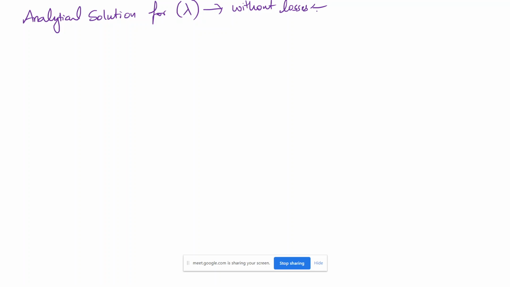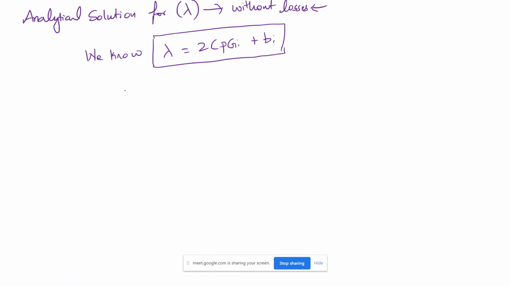Without the losses only I am doing this. Please note down that. And we know that from the last Lagrangian method we have derived the lambda. So we know lambda is equal to 2c pgi plus bi. So this is the lambda value we derived just now.